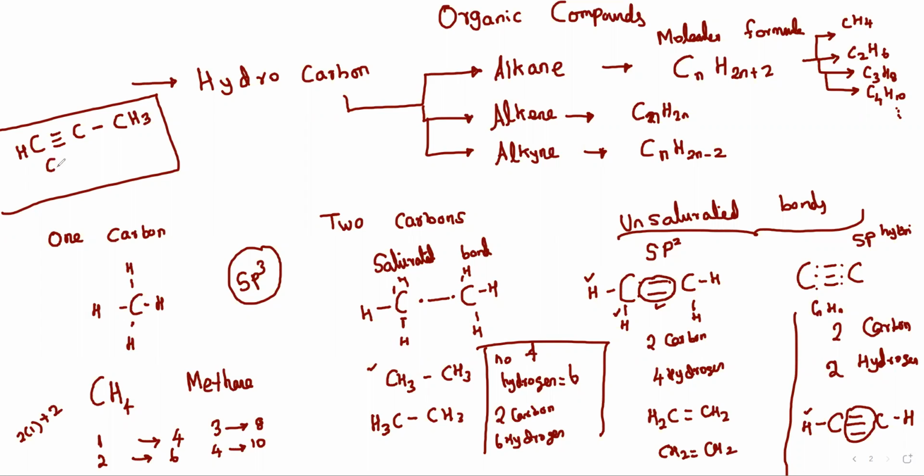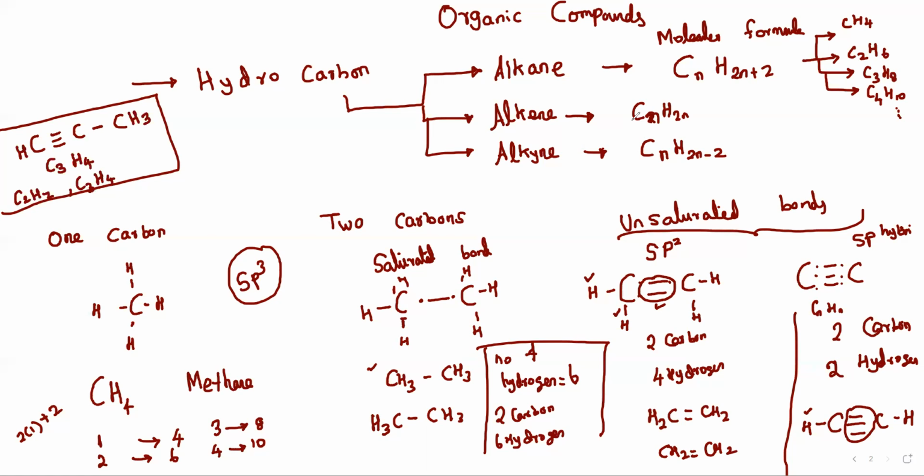So if you take 3 carbons, you need 4 hydrogens. If you take 2 carbons, you need only 2 hydrogens. So the formula is to double the number of carbons and subtract 2. So CnH2n minus 2 is the formula for alkyne. Is it clear?